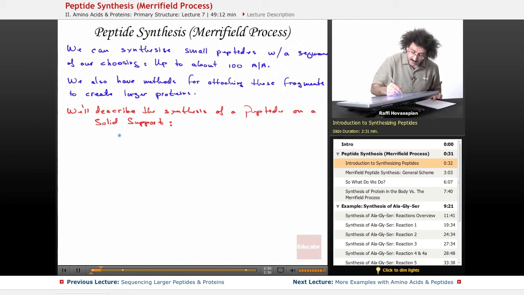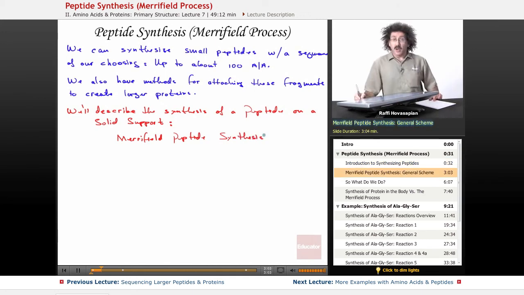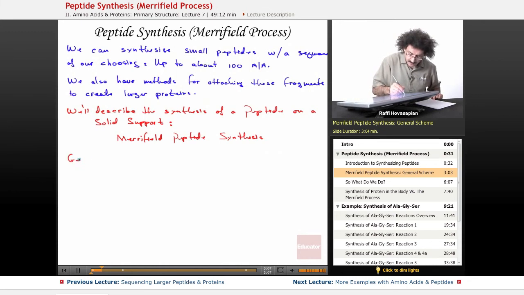And this is called the Merrifield Peptide Synthesis. So here's the general scheme.